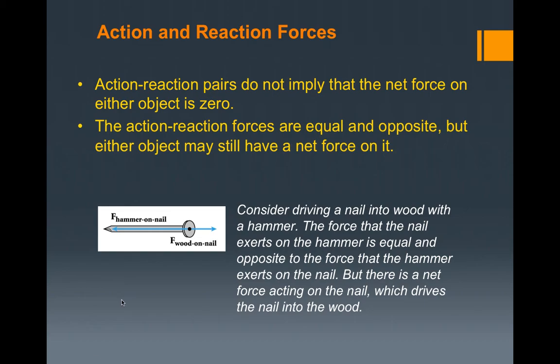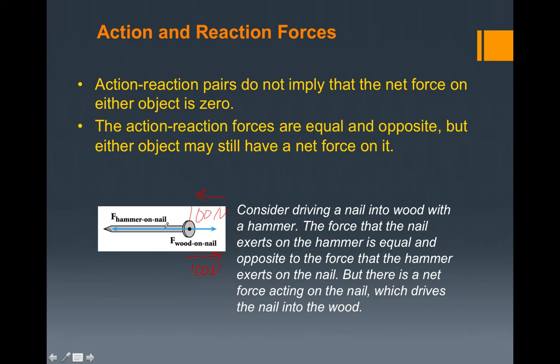So even though the action-reaction forces are equal and opposite, there still may be a net force at work here. For example, when you hit the nail with the hammer, it is going to exert a force on the nail of, let's call it, 100 newtons. The hammer is going to push on the nail with a force of 100 newtons, and the nail is going to push back on the hammer with a force of 100 newtons.